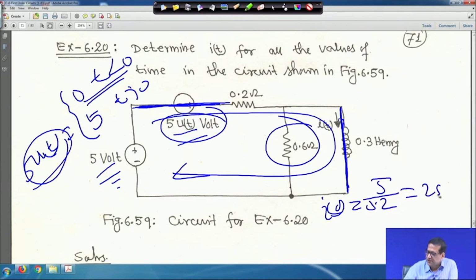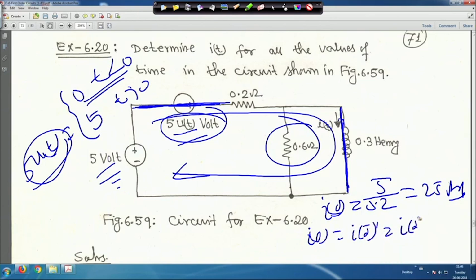So, it will be 25 ampere, right. So, I(0) equal to I(0-) equal to I(0+) is equal to 25 ampere, and this is for t less than 0, because of this step input.